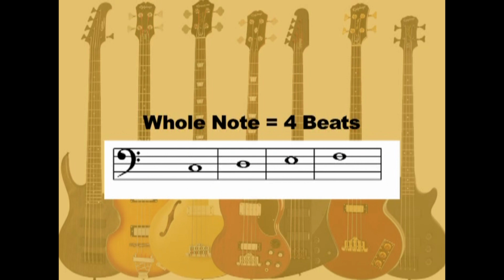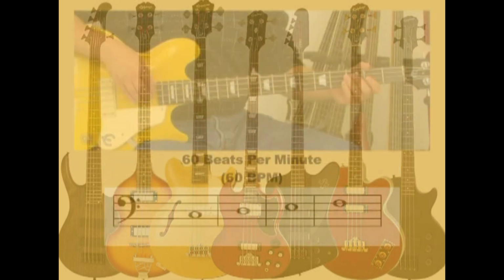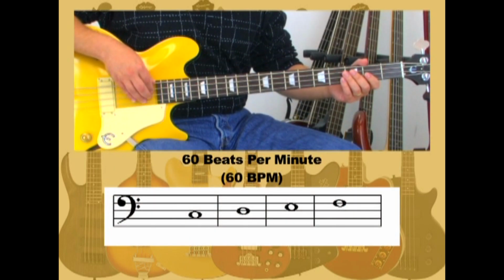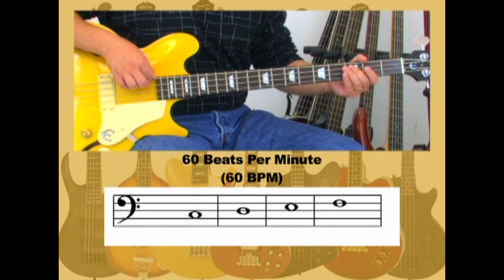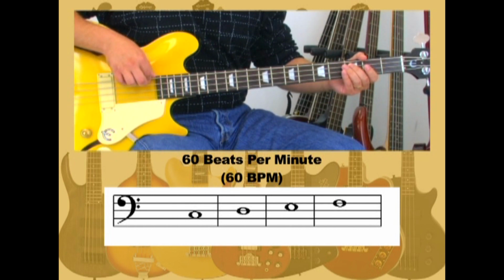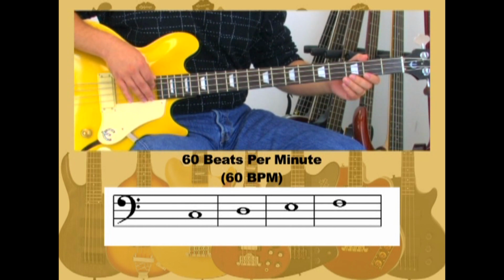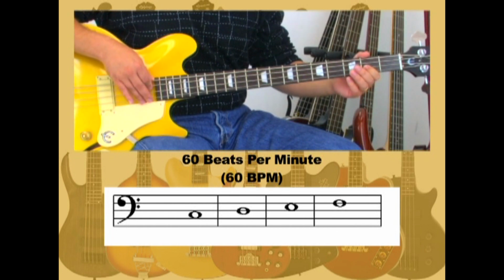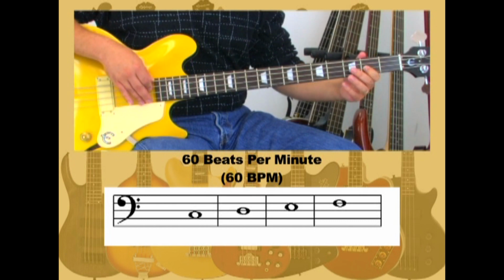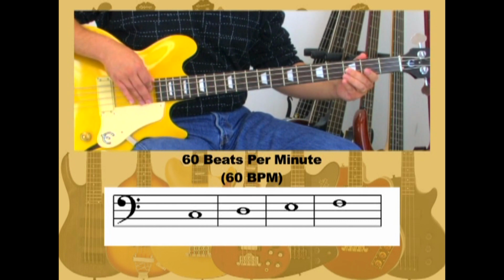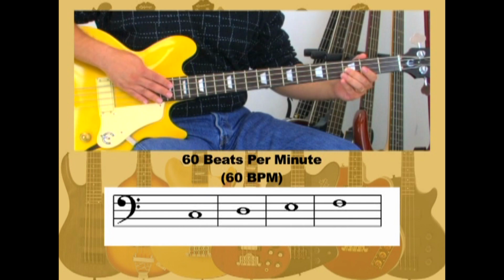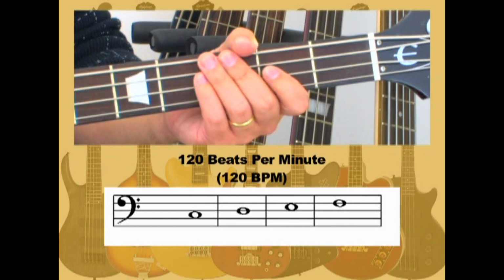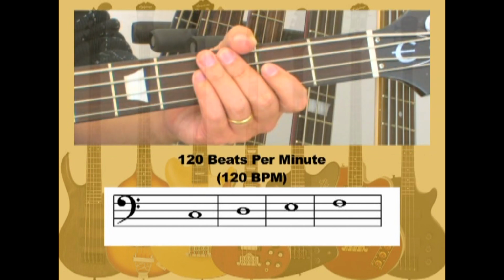For example, let's play this melody at a tempo of 60 beats per minute, or 60 BPM. Now let's play the melody at 120 BPM.